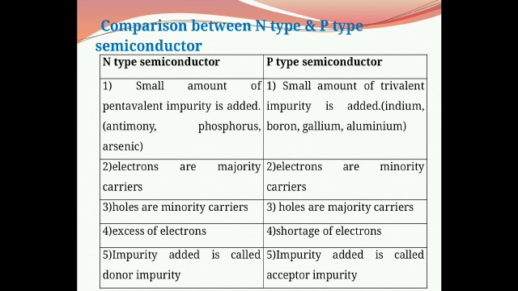In N-type there is an excess of electrons, and in P-type there is a shortage of electrons. In N-type, the impurity added is called a donor impurity because it donates electrons. And in P-type, the impurity added is called an acceptor impurity because it does not donate any electron.